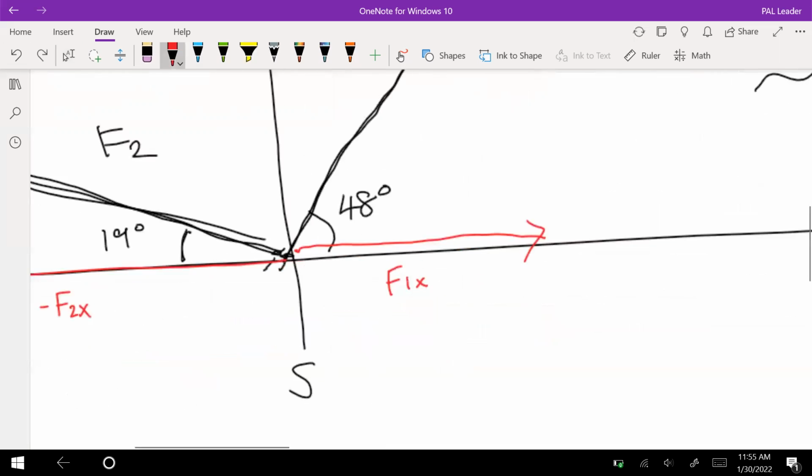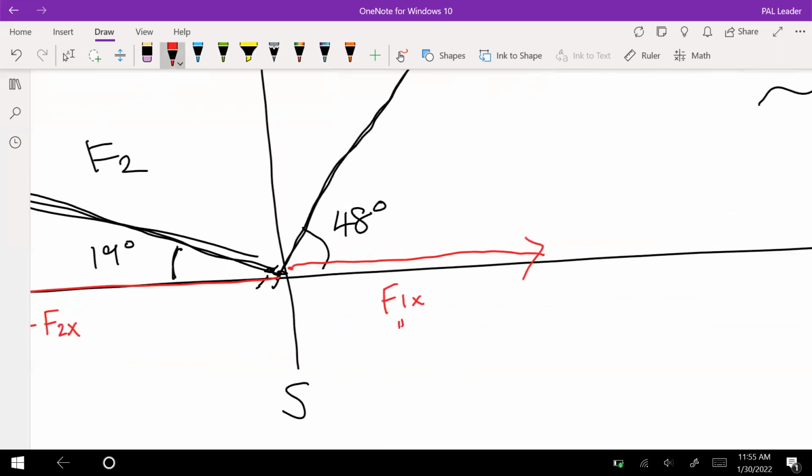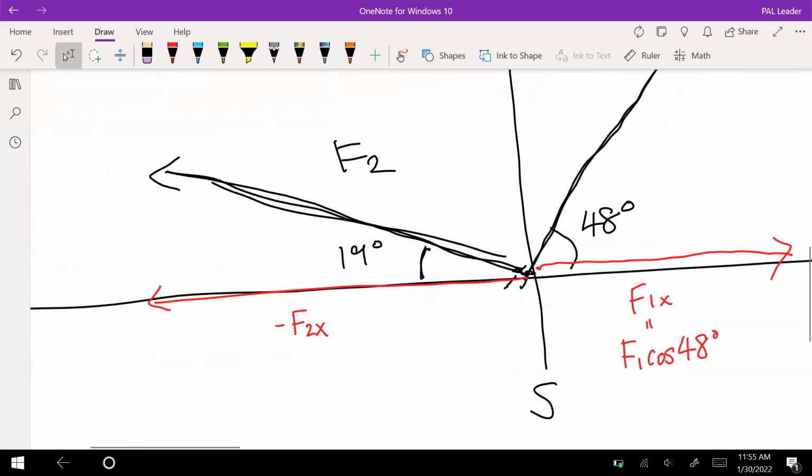So F1x, we can also write as F1 cosine 48. Same thing with F2. We have F2, we have the angle, and can you see that's a C, just reflected? So it's going to be negative F2 cosine 19 degrees.